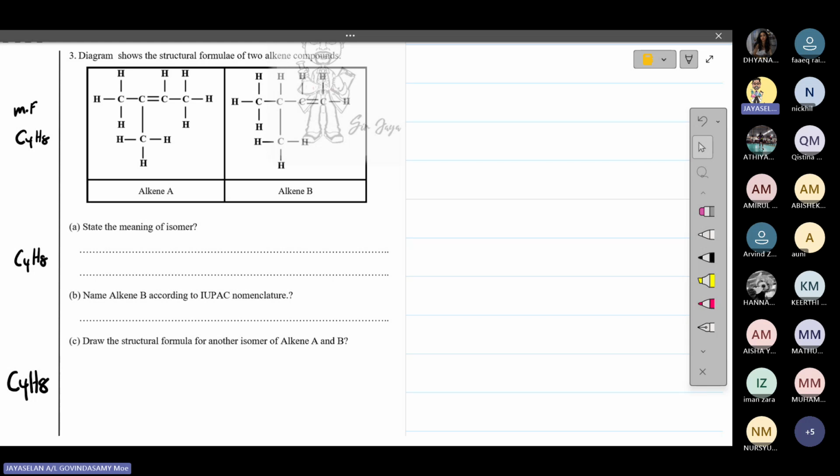This question is very easy, no. Jangan takut dengan soalan ini. Siapa dah cuba soalan ni? Angkat tangan. Oh, sebab tu Amirul dia angkat tangan. Okay, tunggu Amirul biar semua orang jawab.